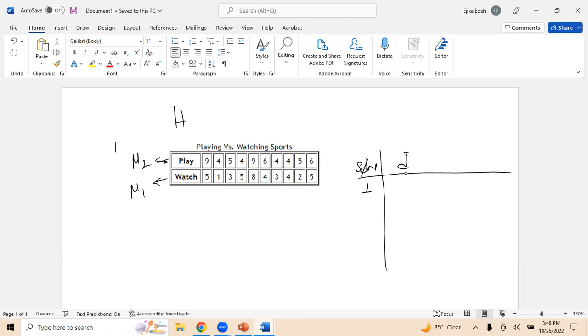And my null hypothesis here, let's write it over here. My null hypothesis here is that mu2 is equal to mu1, right? Okay, and in a simplified form, we say this can also be written as mu2 minus mu1 is equal to 0.